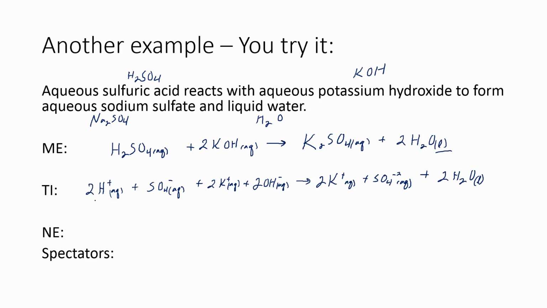Now we'll look at the net ionic equation. What stays the same? Well, sulfate stays the same, so that's a spectator. Potassium stays the same, so that's a spectator.